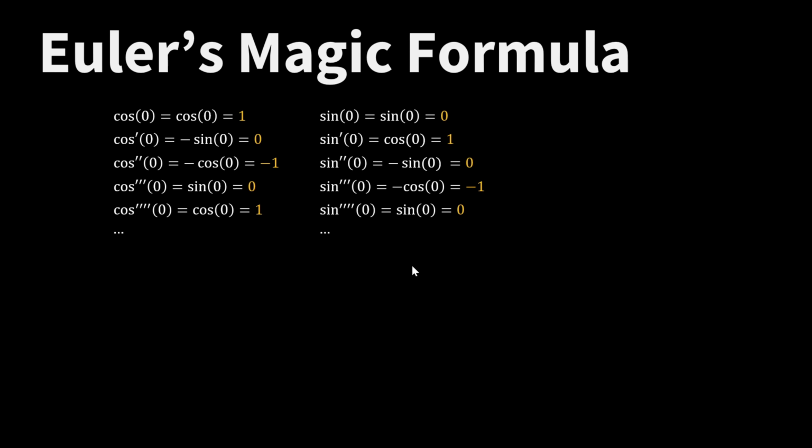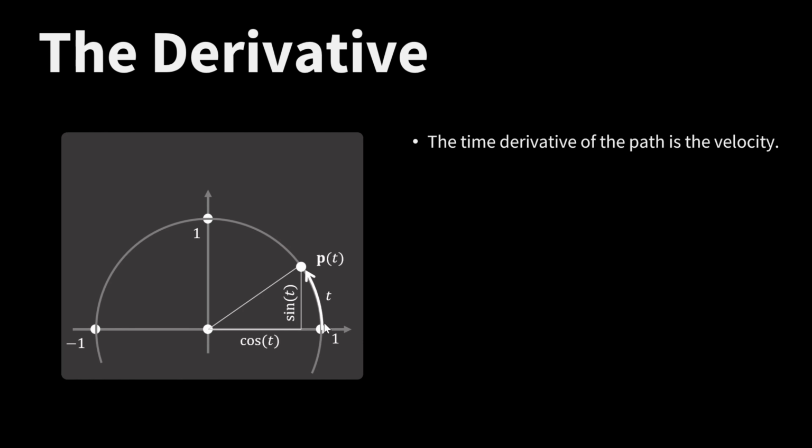Our goal is now to approximate cosine and sine with the Maclaurin series. For this, we need the value of all its derivatives at t equals 0 for the 2 functions. First, what are the values of sine and cosine at t equals 0? Let's go back to the diagram. The point P is at position x equals 1 and y equals 0 at t equals 0. This means cosine of 0 is 1 and sine of 0 is 0.